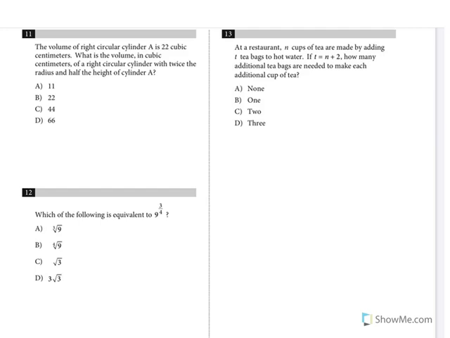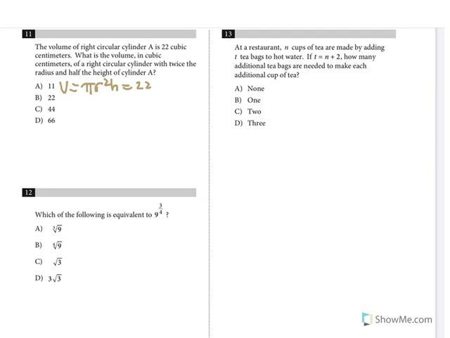The volume of right circular cylinder A is 22 cubic centimeters. What is the volume in cubic centimeters of a right circular cylinder with twice the radius and half the height of cylinder A? Well, you are given the formula for the volume of a right circular cylinder on the front page of this section, and it's pi r squared h, and that pi r squared h equals 22.